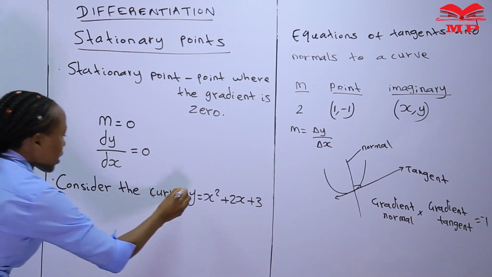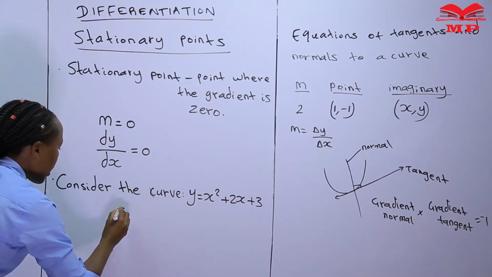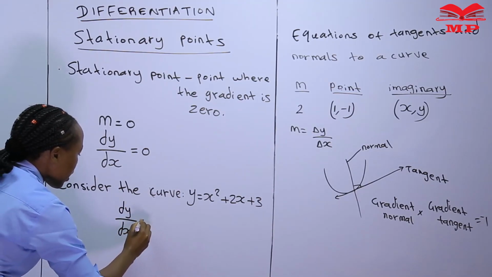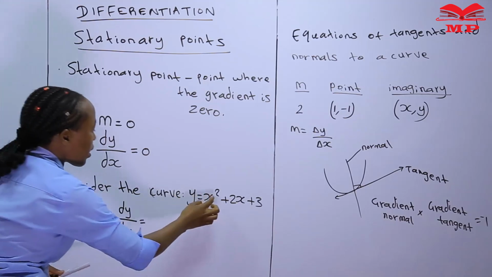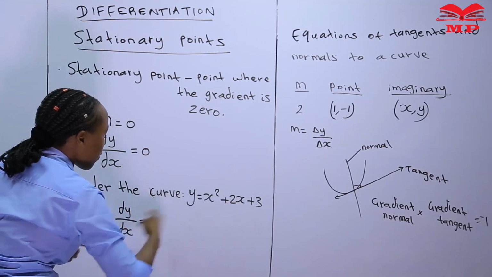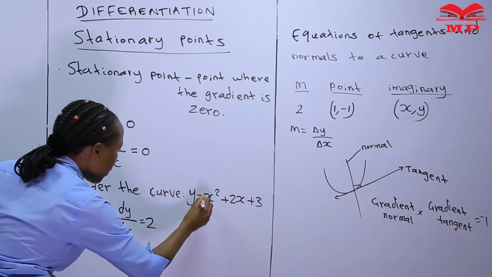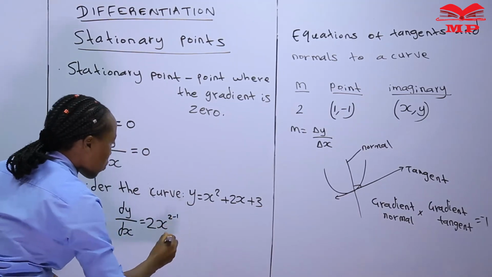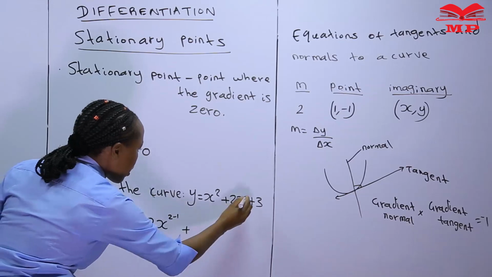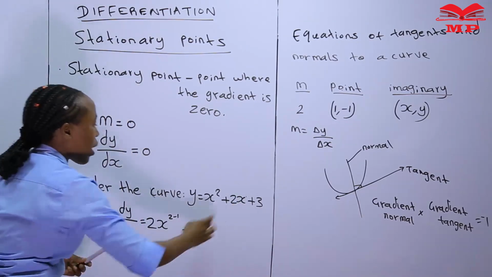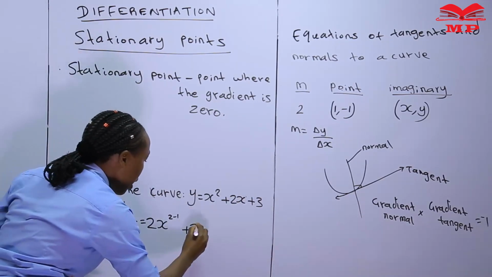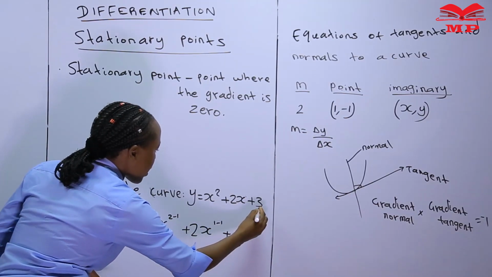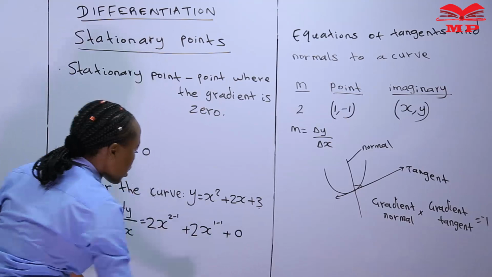So when we have this, we have seen that the stationary point is the point where the gradient is 0. So in this case, if we were to get the gradient function dy all over dx, when we differentiate, we have 2 multiplied by the coefficient, which is 1, so we have 2x raised to power 2 minus 1, then plus the power here is 1, power times the coefficient, we have 2x raised to power 1 minus 1, then plus the derivative of a constant, which is 0.